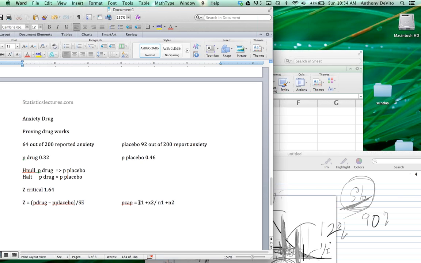Right? It's kind of a weighted average of the two of these things. And the number of people in group 1, what's that going to be equal to? That's 64. And group 2 is 92. So that's going to be equal to 156, I think, if I'm right, over the number of people between these two groups, which is 400.